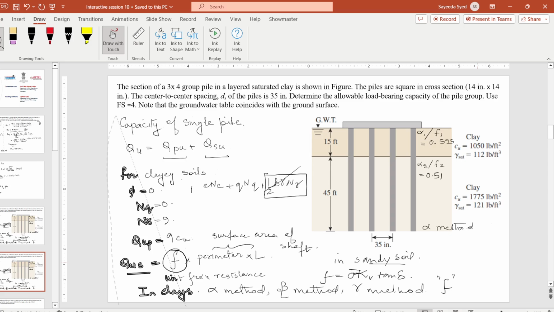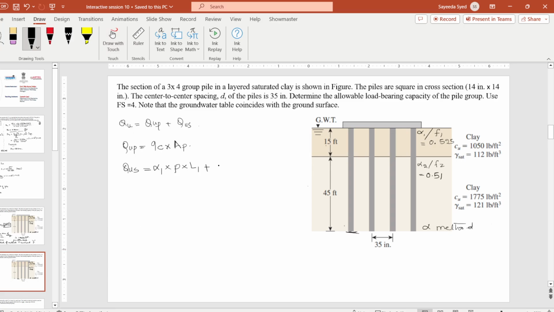QUS will be multiplied by the area of pile, and QUS will be alpha 1 into the perimeter of the single pile multiplied by the L1 length plus alpha 2 into P into L2.